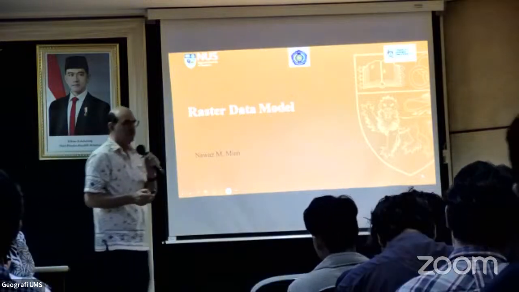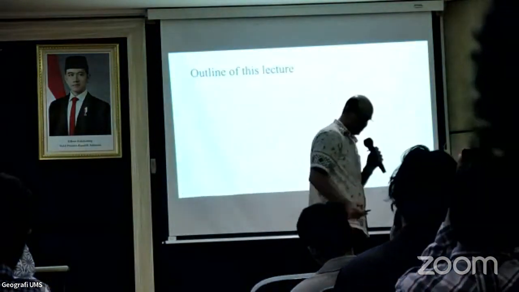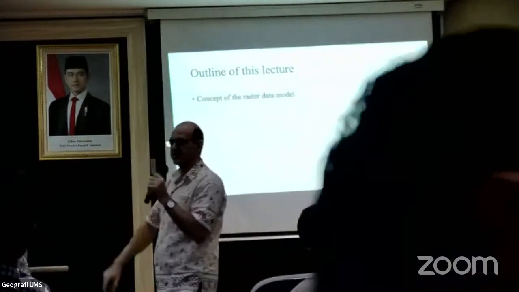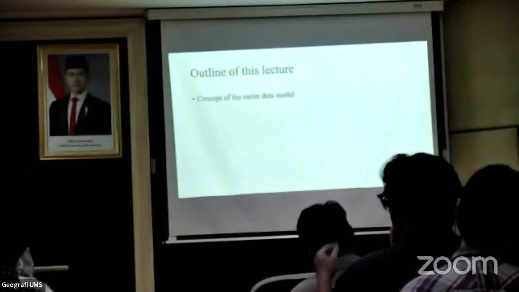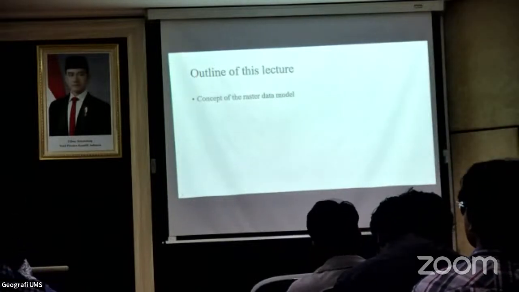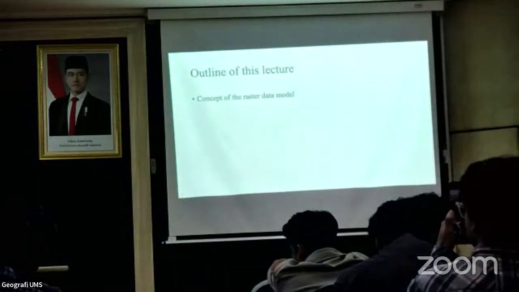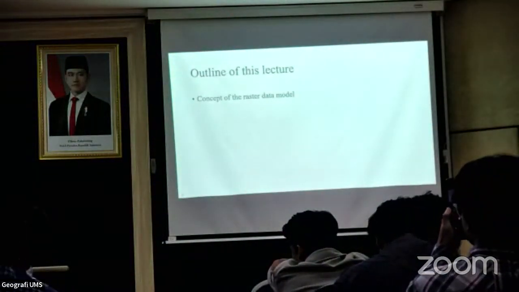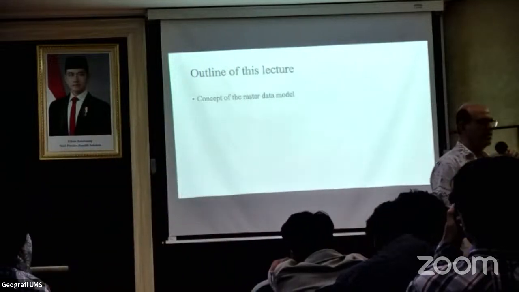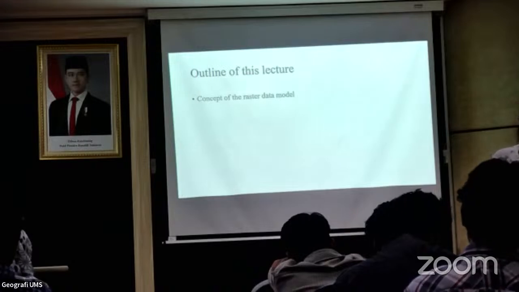All right. What I'm going to tell you today. Number one, what's the concept of the raster data model? You already got a little bit of the concept of the data model. Raster data model is not much different. It's also a data model, but the difference is it's not point, line, polygon.